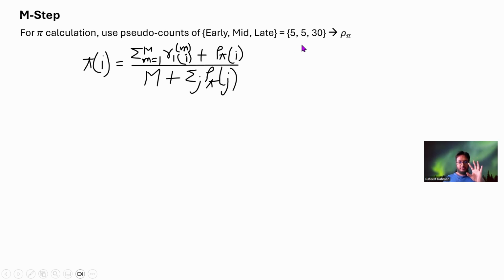Now, there is a term called strength in these pseudo counts, and this is called Dirichlet prior. You can read about Dirichlet prior in detail, but that is not the purpose of the video. So what is the strength? Here the strength is 40. That means your observations, or your data, can actually alter your assumptions.